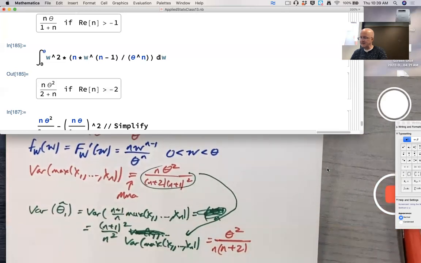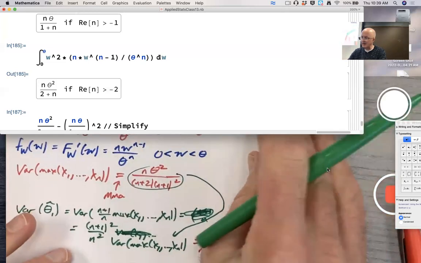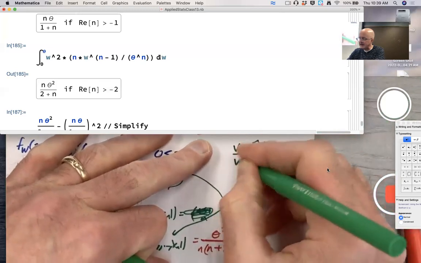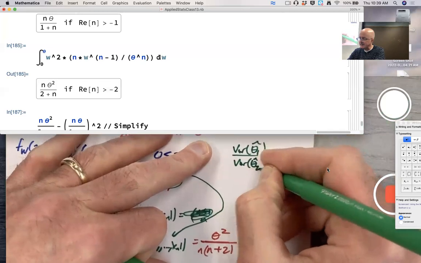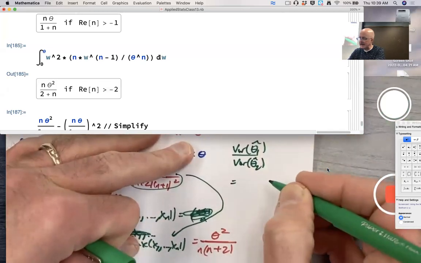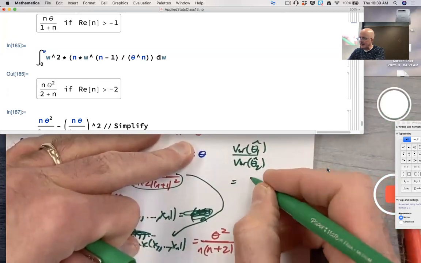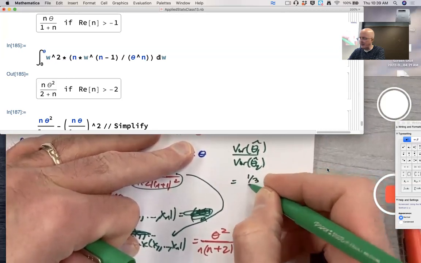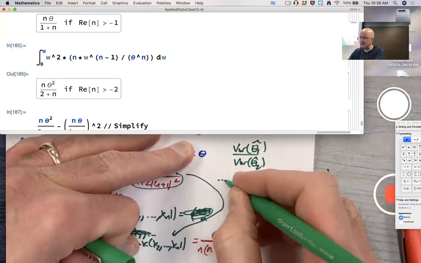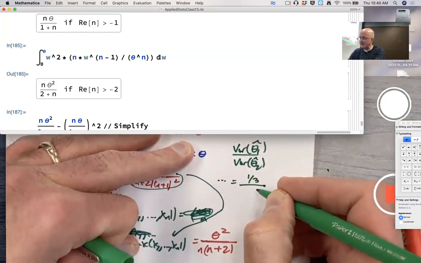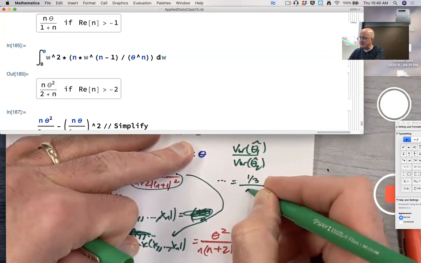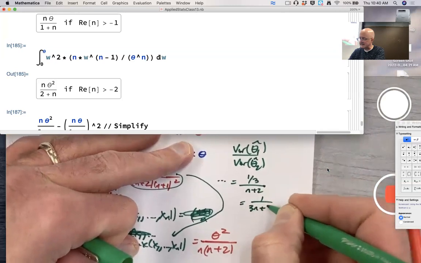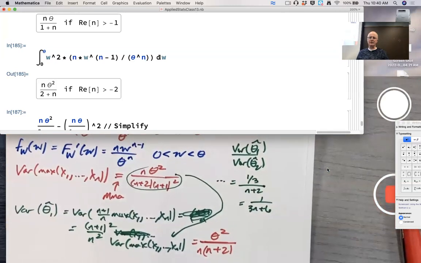The relative efficiency, almost out of room and almost out of time, variance of theta 1 hat divided by the variance of theta 2 hat ends up equaling what? Theta squareds cancel, n cancels on the top. We end up with a 1/3 on the top after cancellation. And on the bottom, we end up with an n plus 2. So it looks like it's 1/3n plus 6 for the relative efficiency.